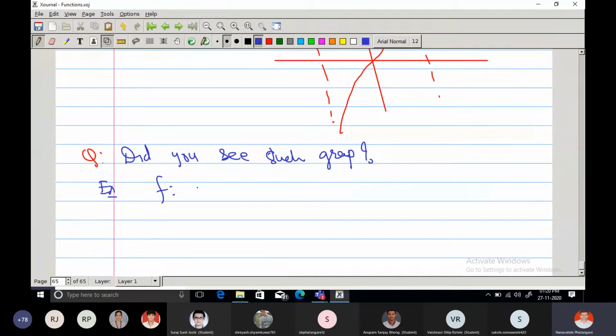Minus pi by 2 to pi by 2 to R. And what is the function? F of x is equal to tan x. And this function is 1-1 and onto, and therefore the number of elements in the interval minus pi by 2 to pi by 2 is the same as R. So there is a bijection, and f is a bijection.